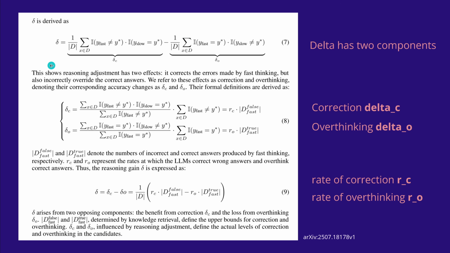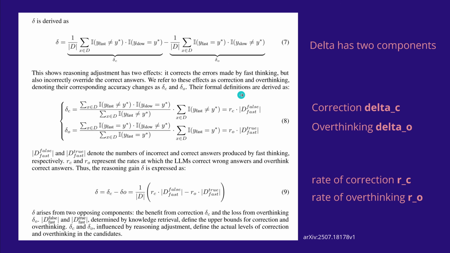So it tells us here, hey, having a look here at the mathematical background, it shows us here that the reasoning adjustment, we have two effects. So the LLM corrects the error made by the fast thinking, but it also incorrectly overrides here the correct answer it found. So we have a positive effect and we have a negative effect. And now the question is, what is the net effect in total?